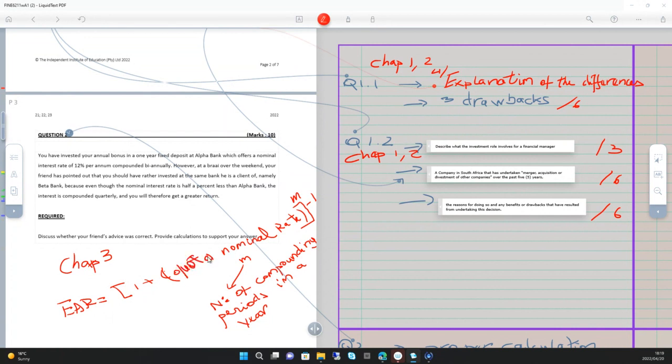So you have the quoted nominal rate divided by M, where M is the number of compounding periods in a year. I saw in the textbook it was saying plus M. I'm not too sure why. So remember, it's the quoted nominal rate divided by the number of compounding periods in a year. And as you can see, we have big brackets, and the formula is quite easy for you to understand.